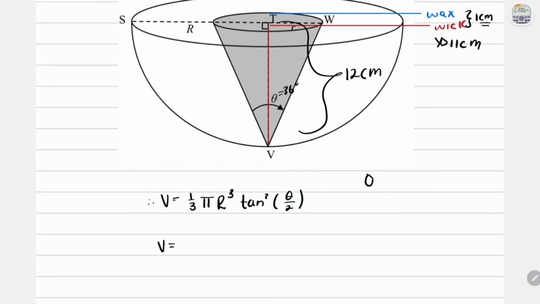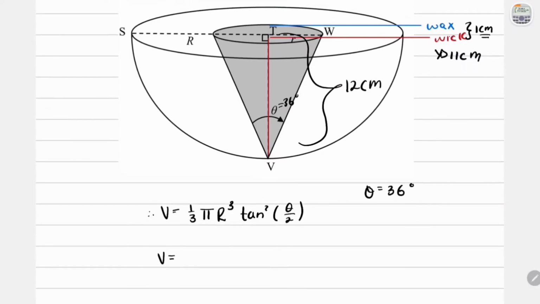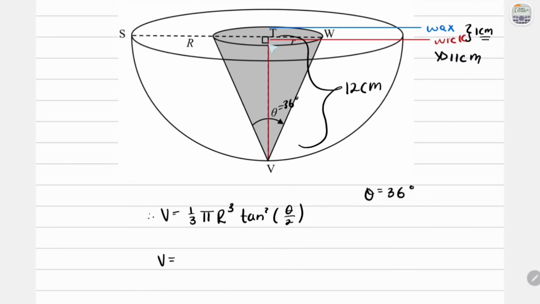First of all, we know that theta is 36 degrees. We know as well that we have a formula for r, and we actually do know what r is. Our r for the wax, since the r here was 12 centimeters, is going to be 11 centimeters because of that wick being 11 centimeters high.